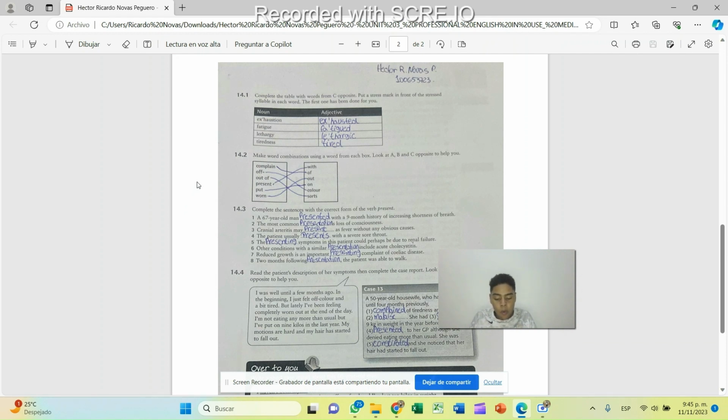Make word combinations using a word from each box: off color, worn out, shortness of breath, present with, put on weight, wear out.